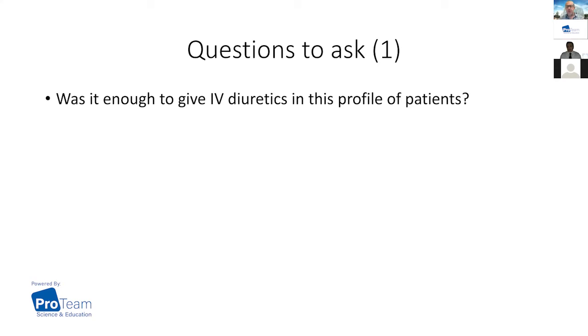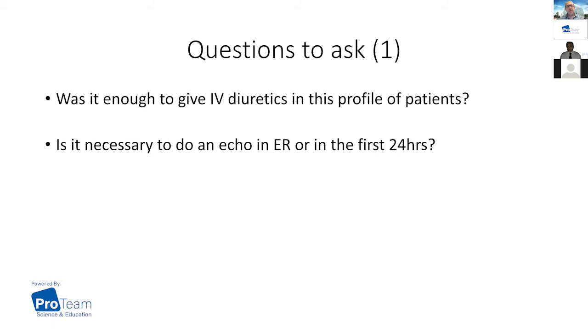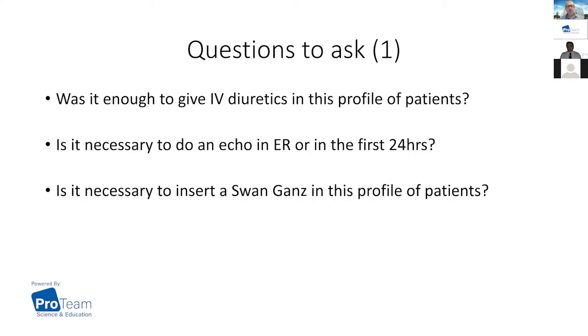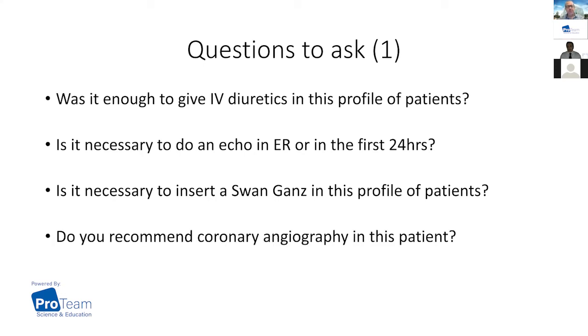Second, is it necessary to do an echo in the emergency room or in the first 24 hours during admission? Third, is it necessary to insert a Swan-Ganz catheter in this profile of patients? Do you recommend coronary angiography in this patient with this mildly elevated troponin?